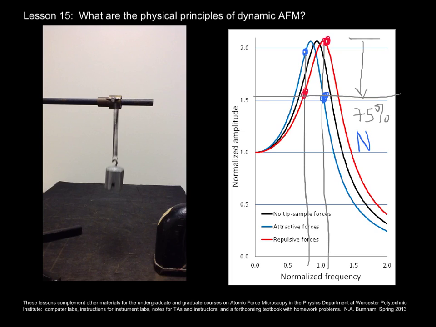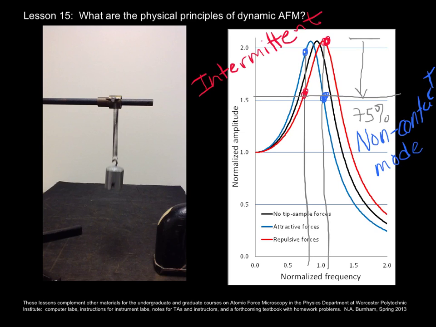So your choice of drive frequency will determine whether the tip nominally stays out of contact with the sample or smashes into the sample at the end of every oscillation cycle.